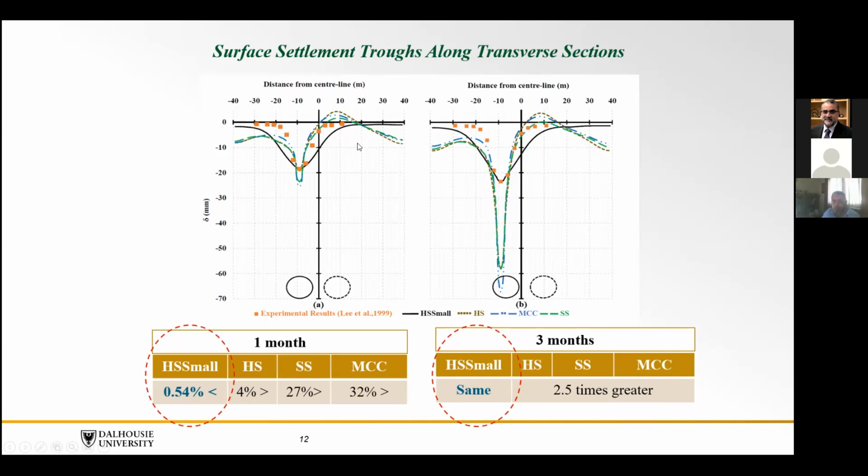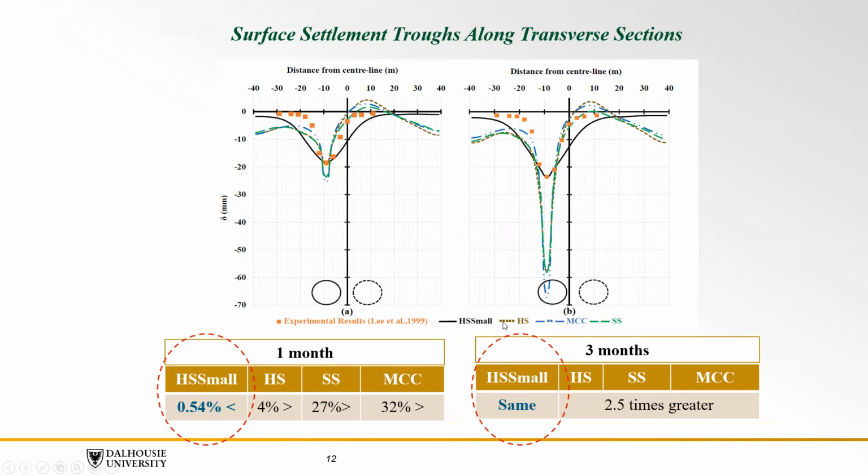The black continuous line represents the hardening soil model with small strain. The brown one represents the predictions of the hardening soil model, whereas the blue one represents the modified Cam clay, and the green represents the soft soil model.